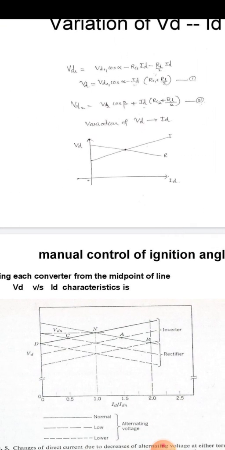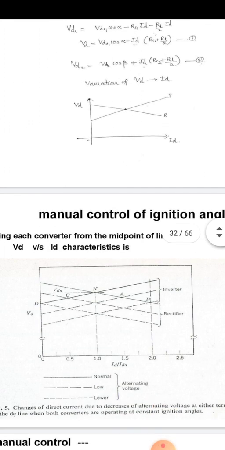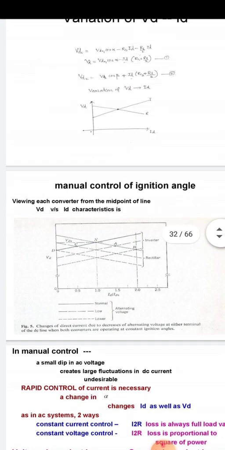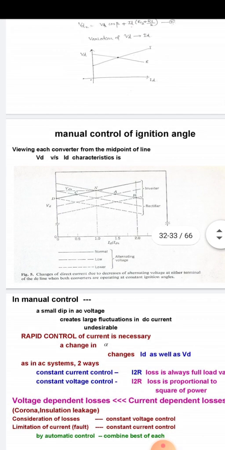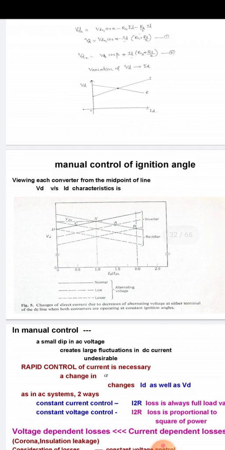So both voltage controls have some mutual achievements, and that graph is represented here. Then manual control of the ignition angle. This manual control always converts from the midpoint to the viewing point. So VD versus ID characteristics are plotted here.